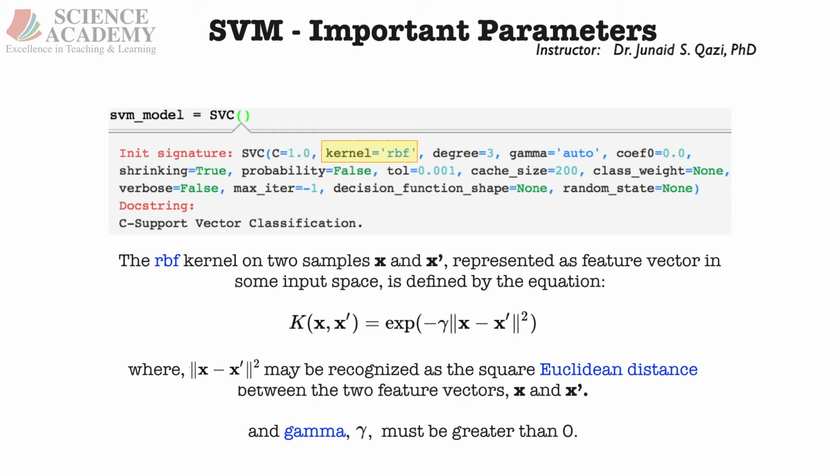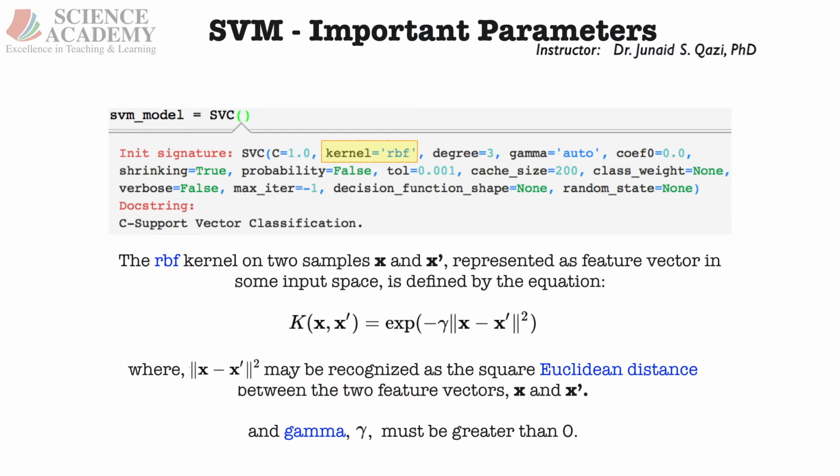Let's move on and talk about the default RBF, the radial basis function kernel, which is probably the best one to use. The RBF kernel on two samples x and x bar, which are represented as feature vector in some input space, is defined by the given equation, where x minus x bar with square may be recognized as the square Euclidean distance between the two feature vectors x and x bar.